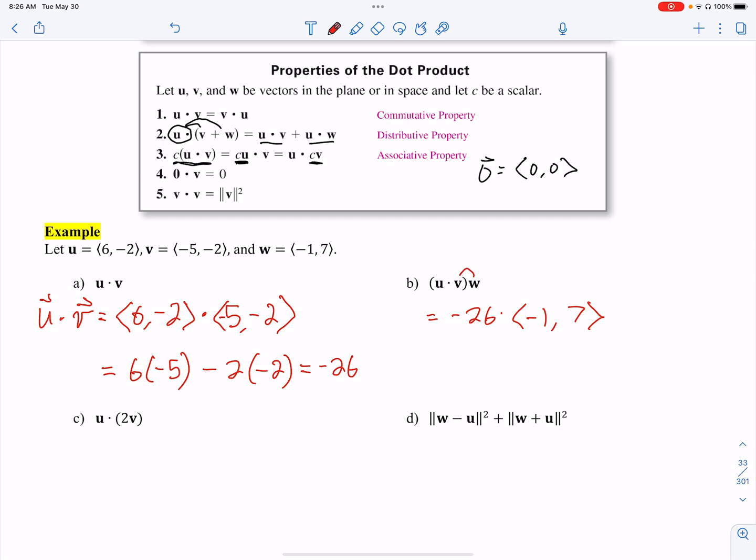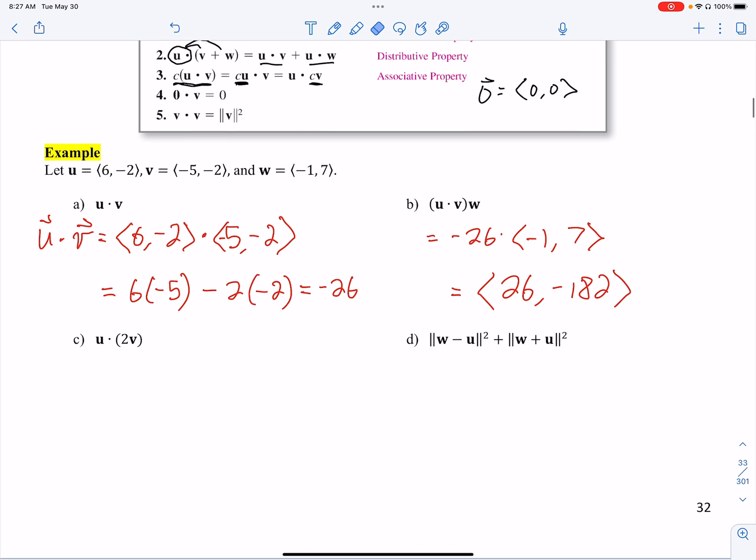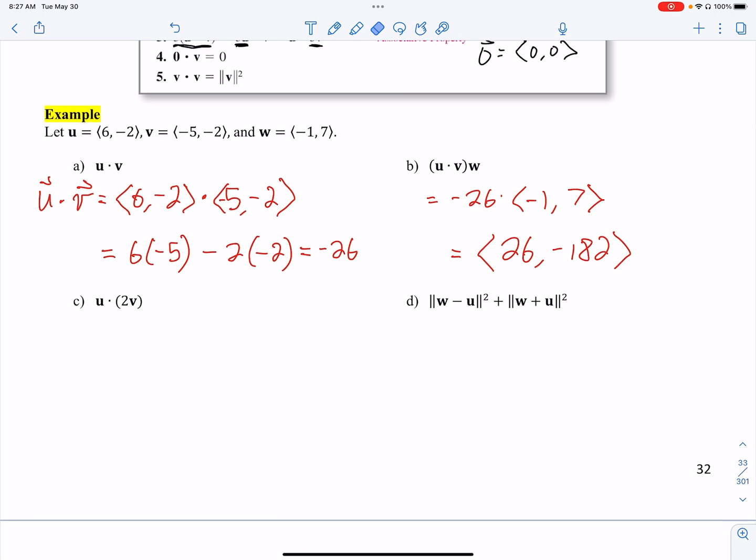But what would you do with w and v? What would the multiplication mean? Well, the multiplication means I should have a scalar. So I do that, and negative 26 times 7 is negative 182 and so on. It makes sense that this turns out to be a scalar times a vector.